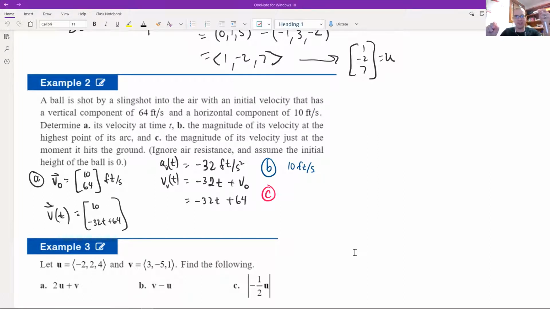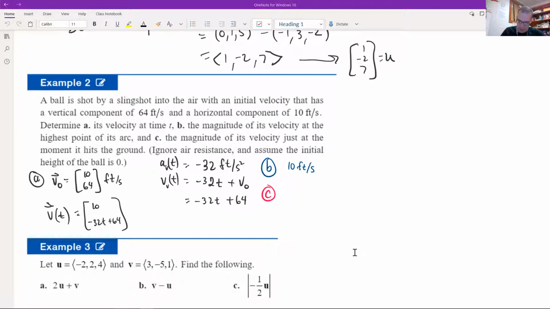And the initial velocity that it starts with really should be the same as the terminal velocity when it hits the ground, because everything along that will be symmetric. I guess technically the vertical component would be in the opposite direction.